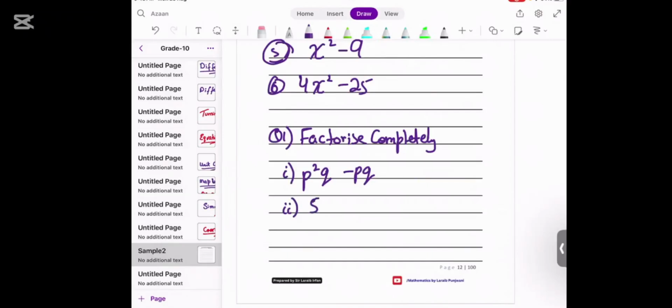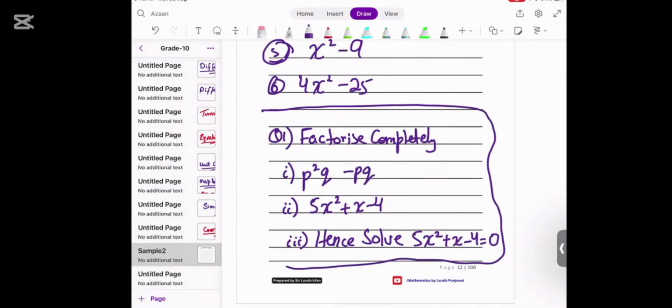Part 2 is 5x square plus x minus 4. And part number 3, hence solve 5x square plus x minus 4 equal to 0. Now, this is a past paper question and a very important question. You will get a lot of these types of questions. Please try this one quickly. Okay.